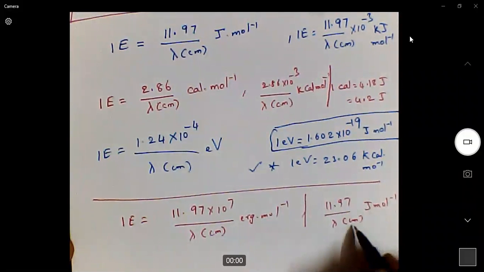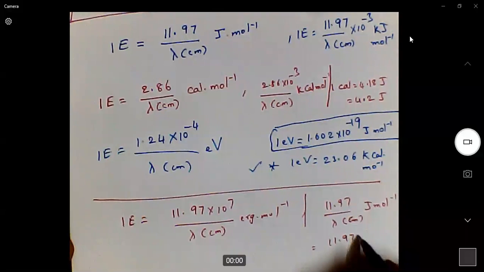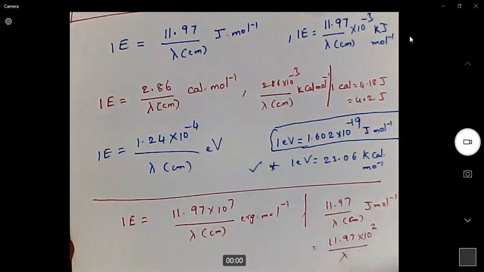If we want to convert this lambda into meters, of course 1 centimeter is equal to 10 power minus 2 meters. Then 10 power minus 2, when we make it numerator, it becomes 10 power plus 2. 11.97 into 10 power 2 by lambda in meters. So this is joules per mole.